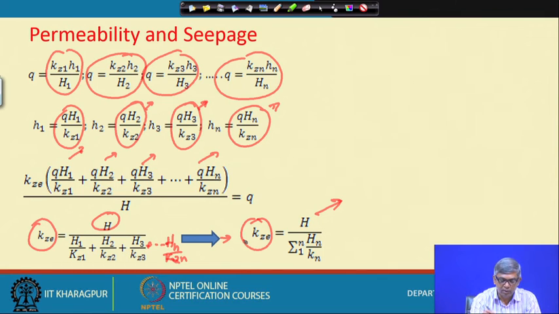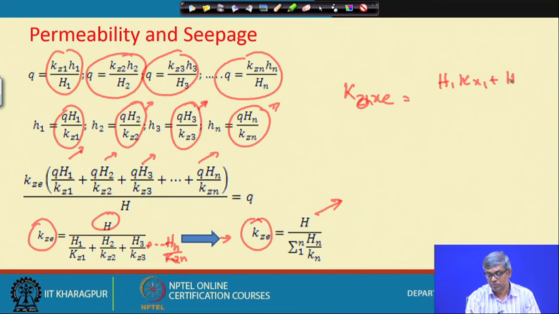So these are the two formulas. For flow in the horizontal direction, it is h1 kx1 plus h2 kx2 etc. divided by H, whereas in the z direction, the summation of h by k appears in the denominator.